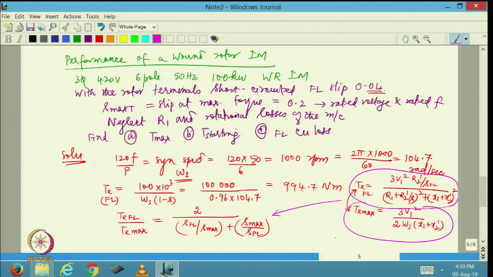So, these are really important equations. You should know how to derive them, but also how to use them. Okay? So, with this we have concluded the open circuit and short circuit tests as well as a couple of problems on induction motor. Okay?